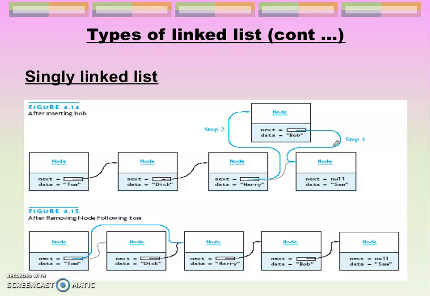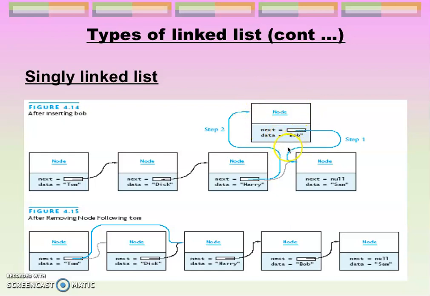Okay, so what happened once we want to insert another new node into our computer memory? So just now we have Tom, Dick, Harry. So let's say this Harry is pointed to Sam. So what happened? We want to insert another new node into our computer memory, and this one is our new node, which is the data inside this is Bob.